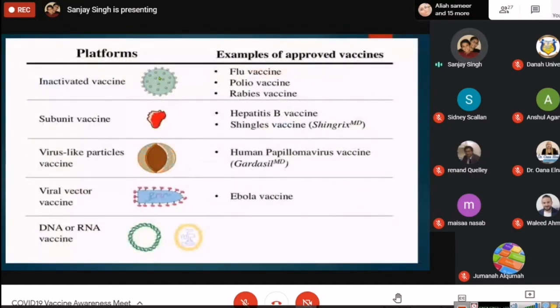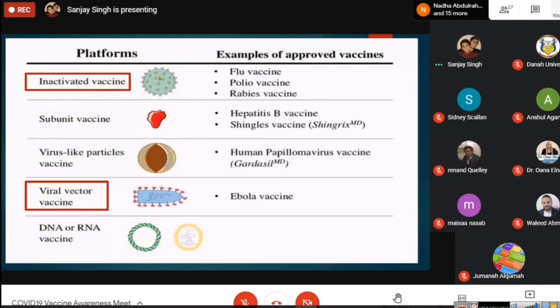There are many platforms through which we make vaccines. On the left-hand side of this table are the platforms. On the right-hand side are the approved vaccines. At the moment, we are using three platforms to give the corona vaccination: the inactivated vaccine, viral vector vaccines, and DNA and RNA vaccines.